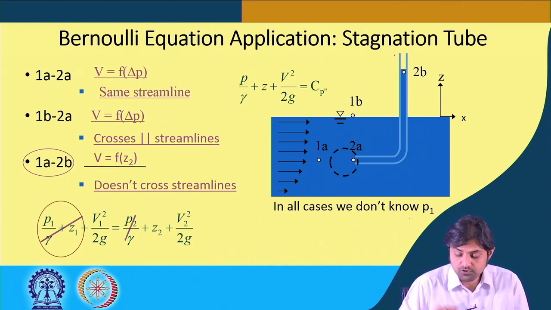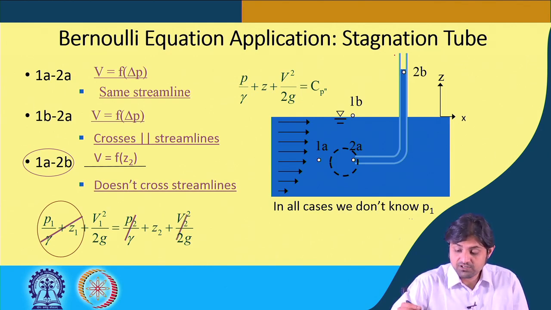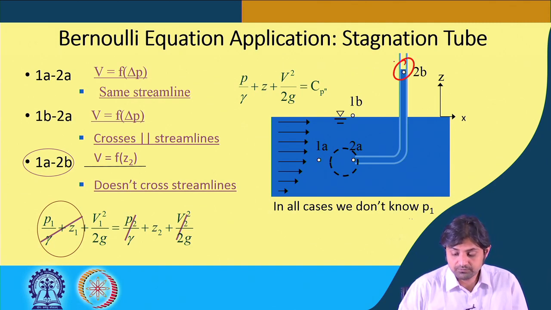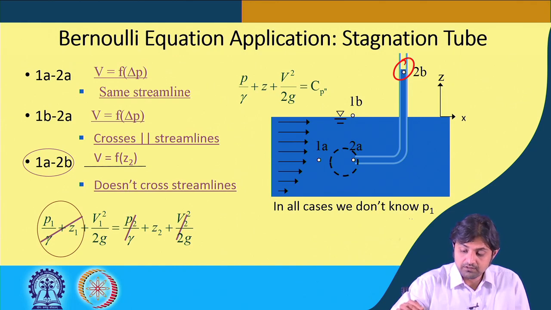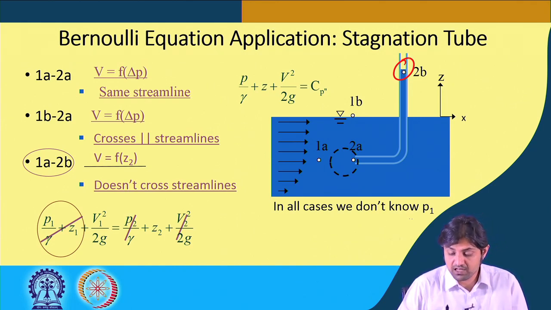And because this is exposed to atmosphere, we can assume it to be 0. And because the water has reached the top, there will be no velocity, because the water will rise until the maximum that it can, and there the velocity will be 0. So, we can simply write V1 square by 2G.